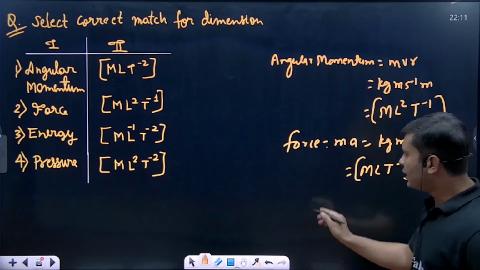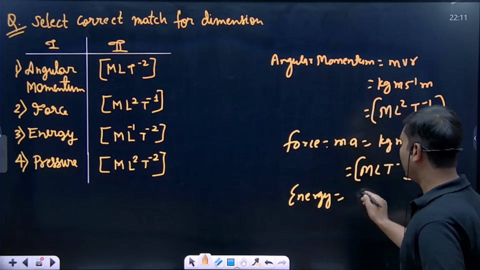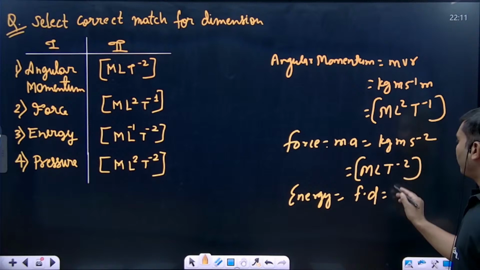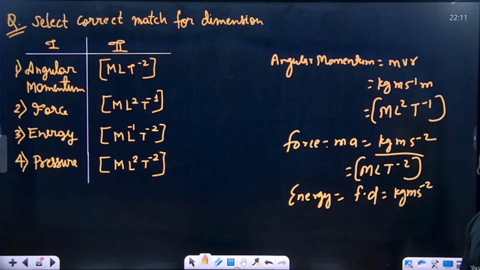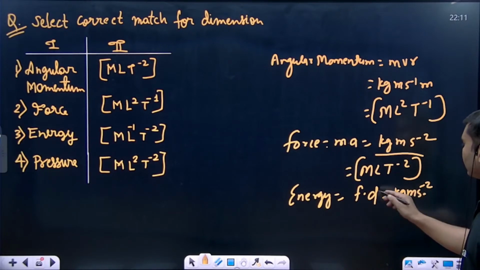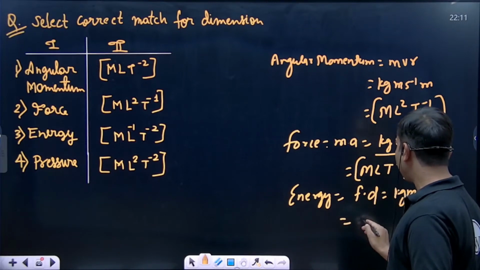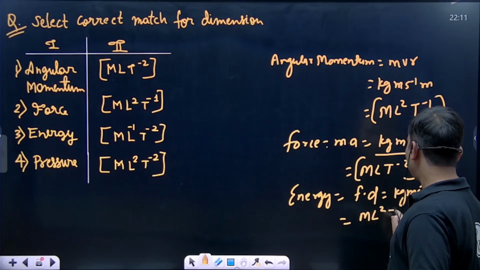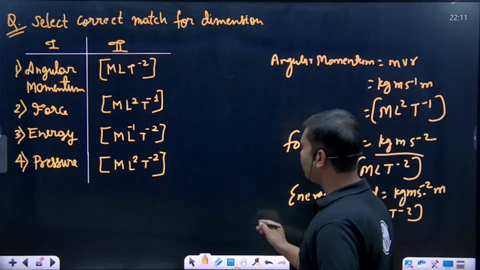The third one is energy. Energy is work, that is equal to force into displacement. We have the unit for the force, kilogram meter s^-2, and the dimension for displacement is the meter. So the dimension for energy is ML^2 T^-2. The last one is the pressure.